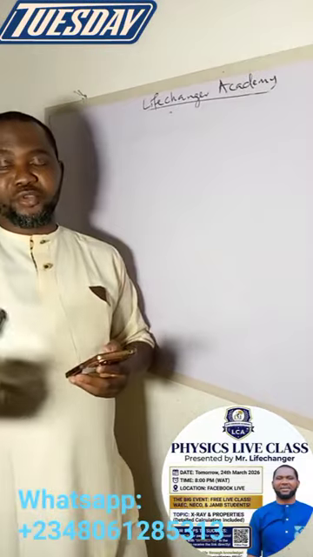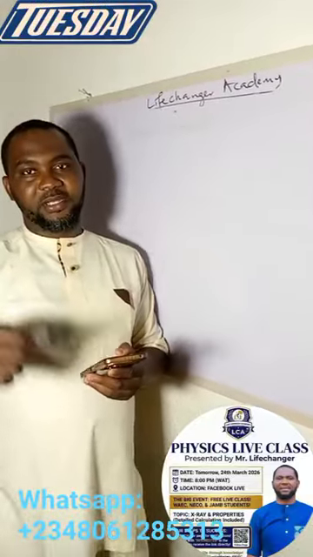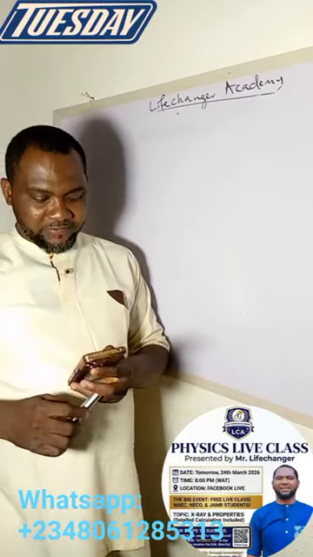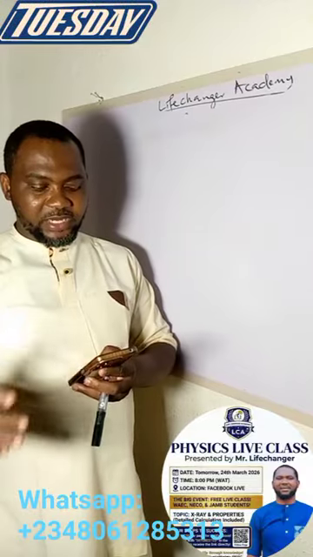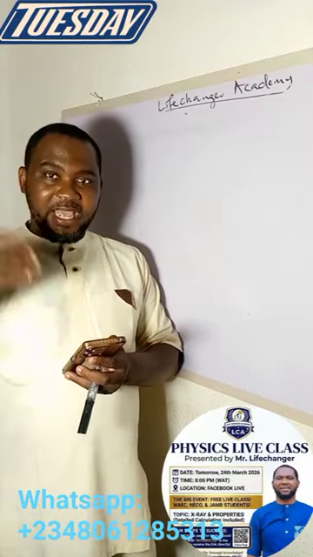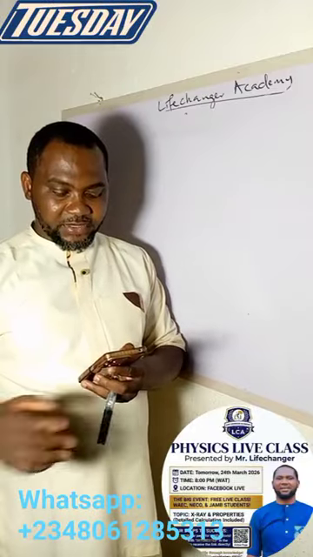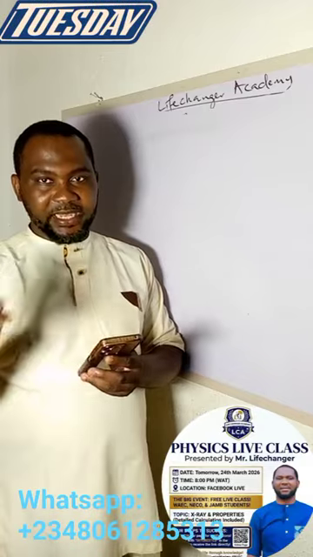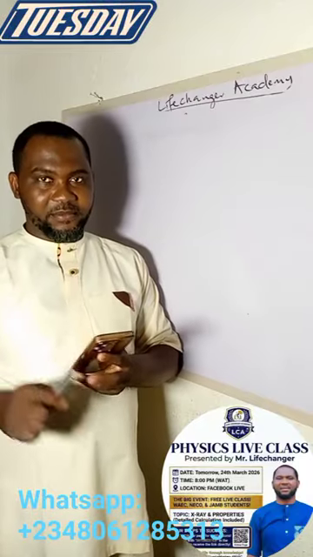Okay, these ones I'm just going to read out. I'll read the options, then give the answers. The first one says, the difference between X-rays and gamma rays is? A says, X-rays are more penetrating than gamma rays.